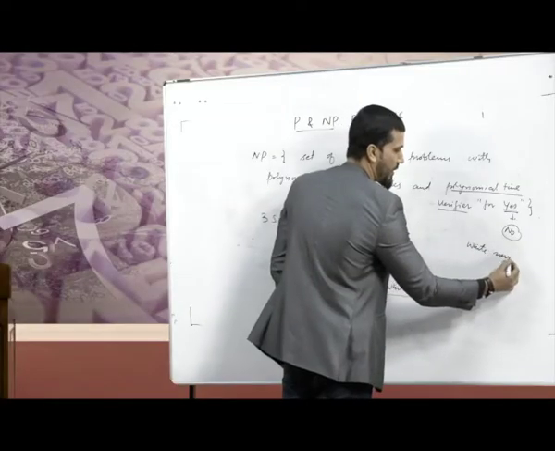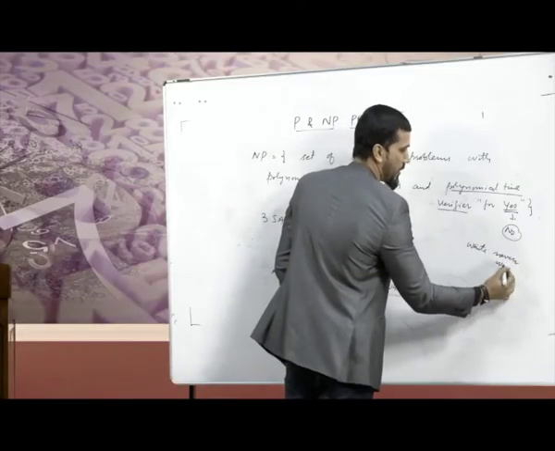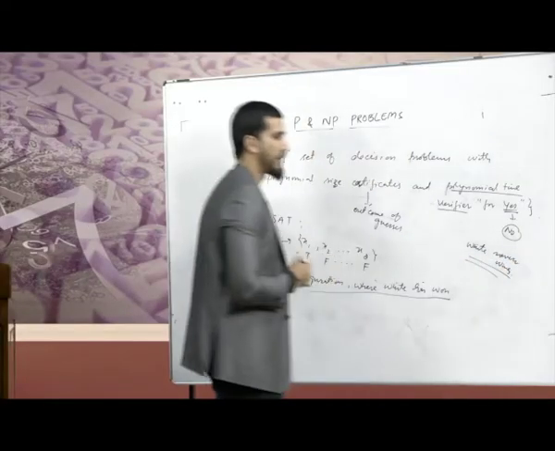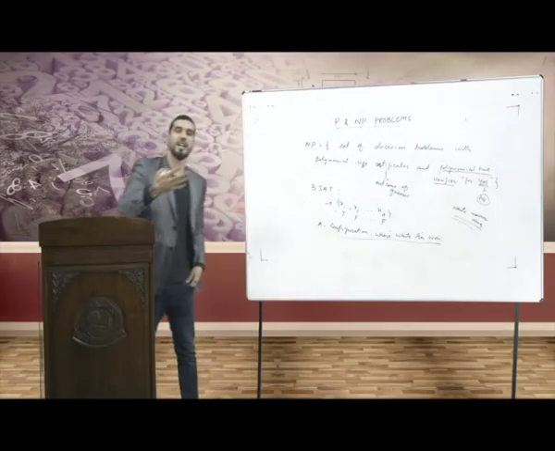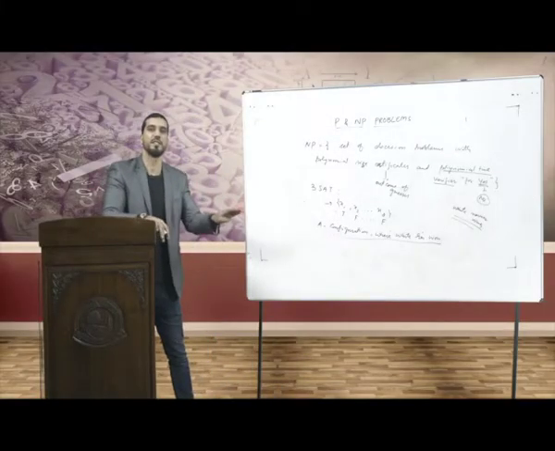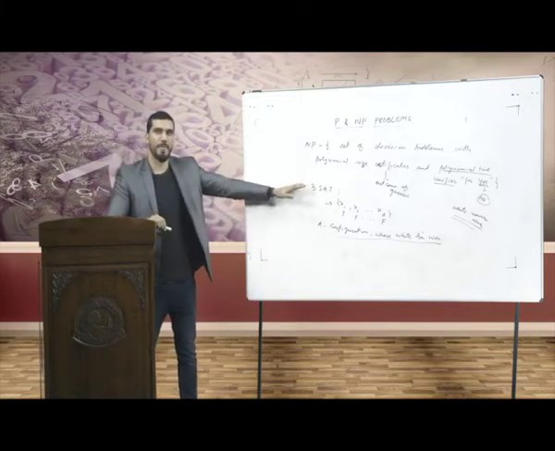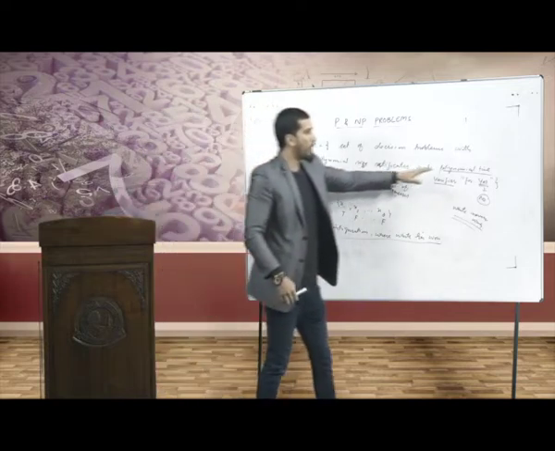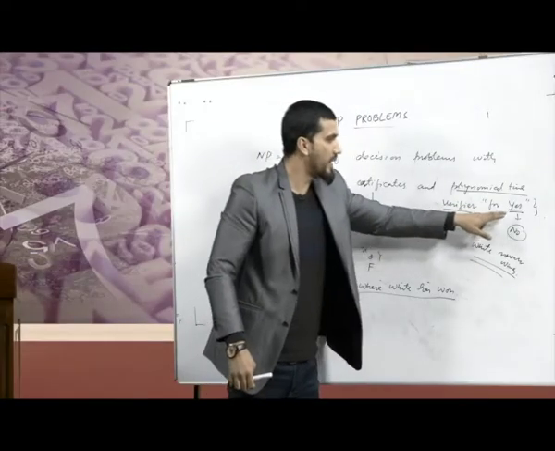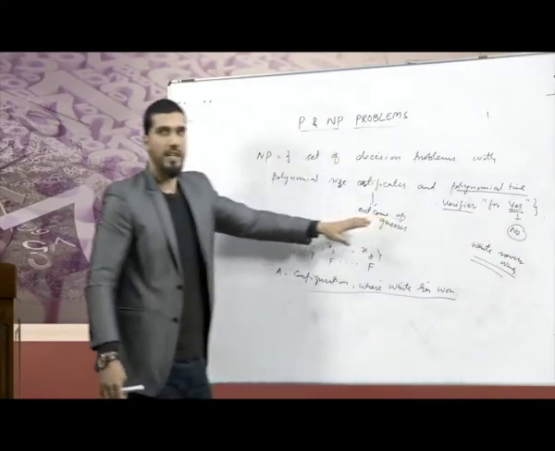White never wins. I can never check this configuration. Somebody gives me a configuration and says that this is the configuration where white never wins. I can never check it because it's the same as solving the problem. So this polynomial time verifier for yes inputs is very important.